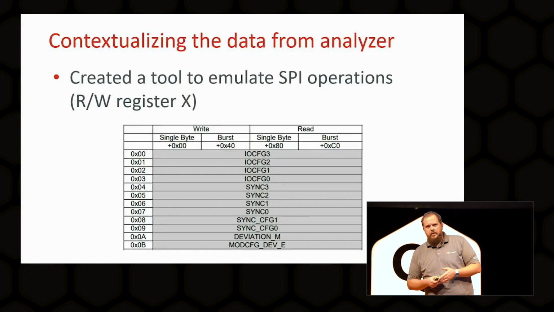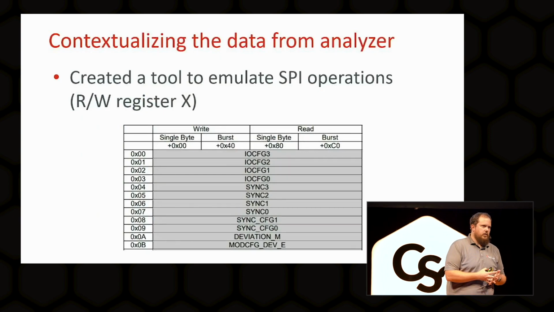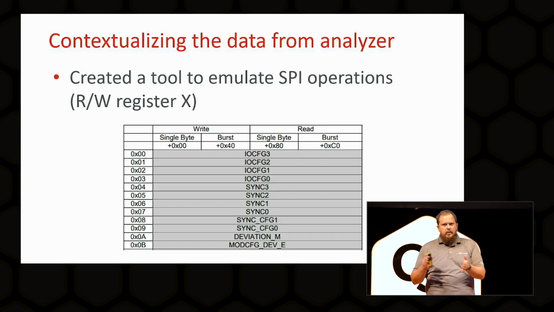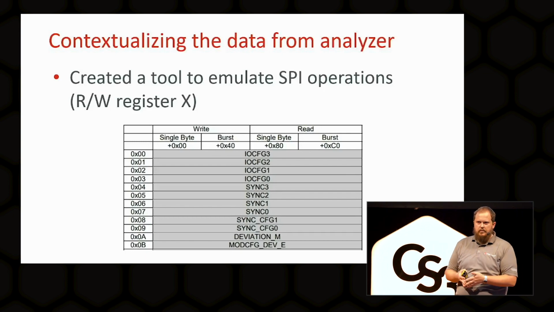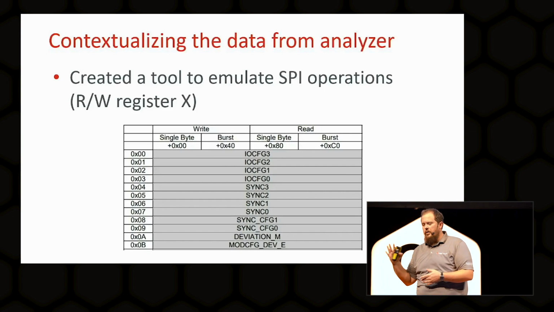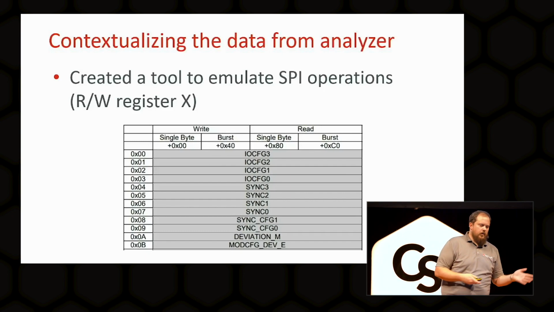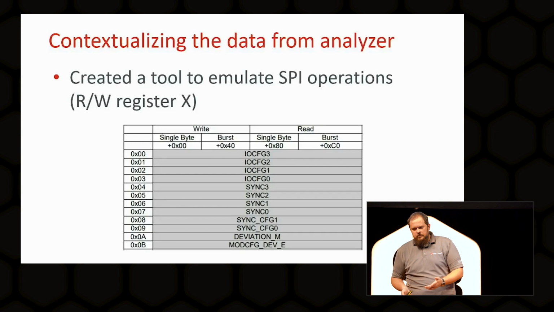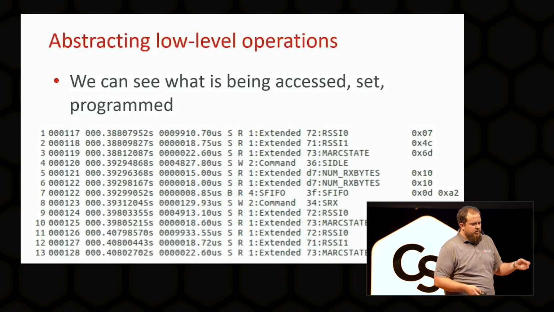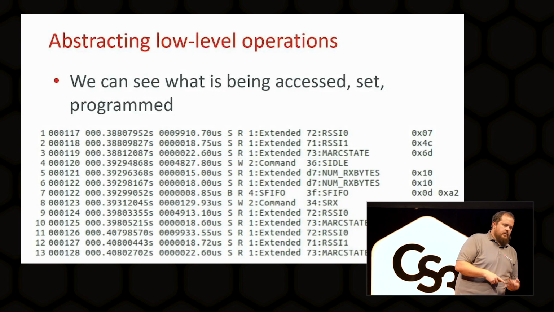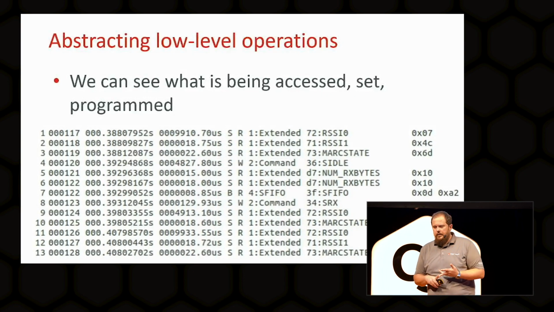We went into depth at this on our S4 talk from earlier in the year. My colleague on the research, Jonathan Anderson, can speak way better to this since he's the one who developed it. So go watch that talk and read the paper. I'm going to talk more about some of the other stuff that we did. So the interesting thing is you can see what is being accessed, set, and programmed over SPI.